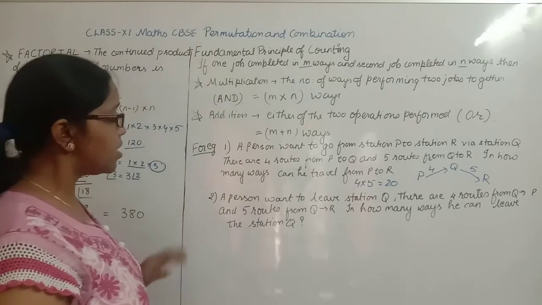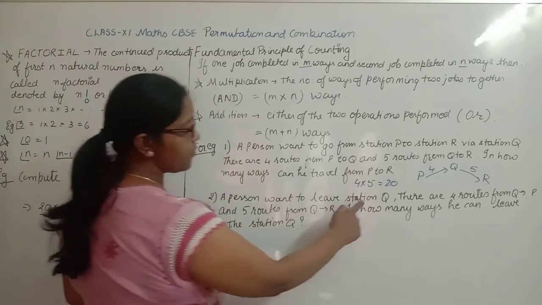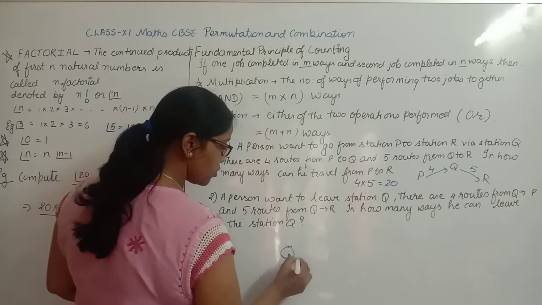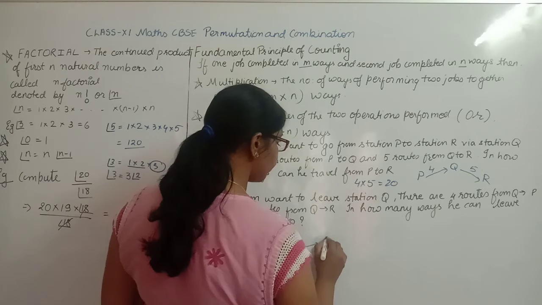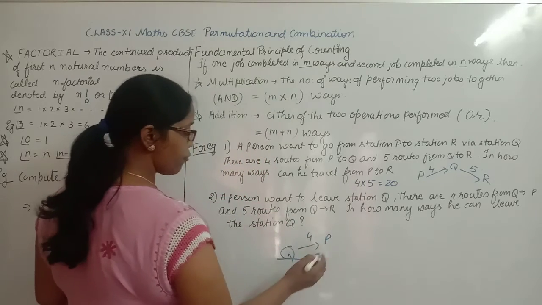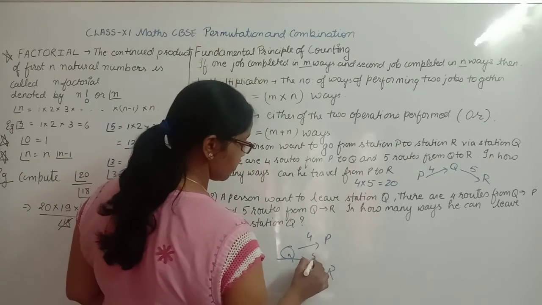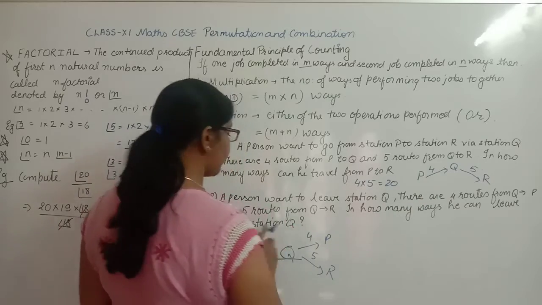Now the second one: a person wants to leave station Q. There are 4 routes from Q to P and 5 routes from Q to R. In how many ways can he leave the station?